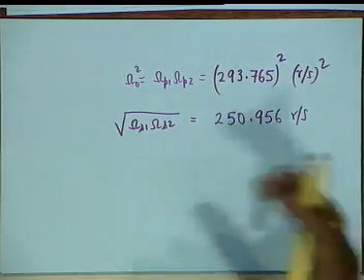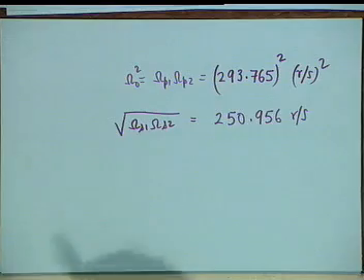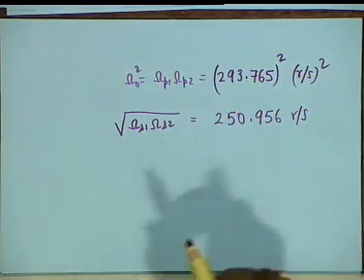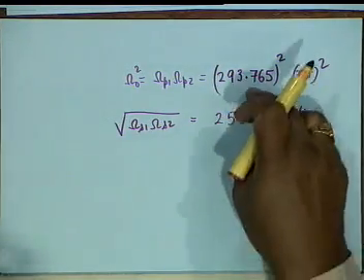You have to bring geometric symmetry. And what should you do? Omega S2 has to be increased because this is less than 293.